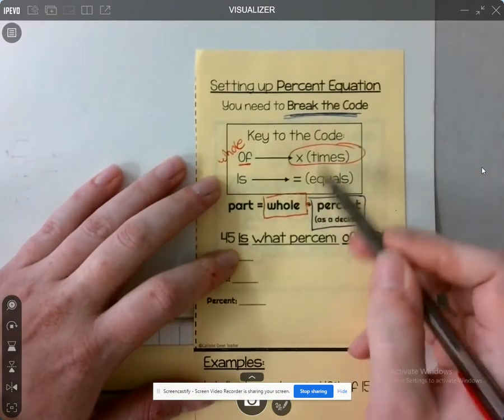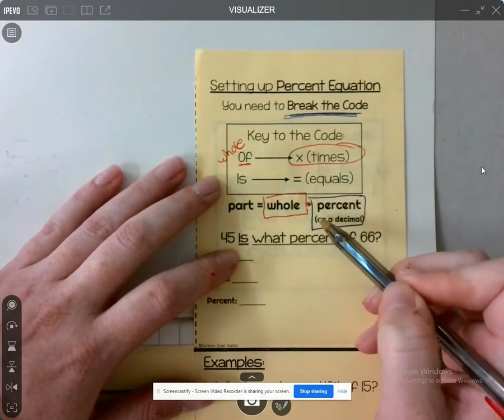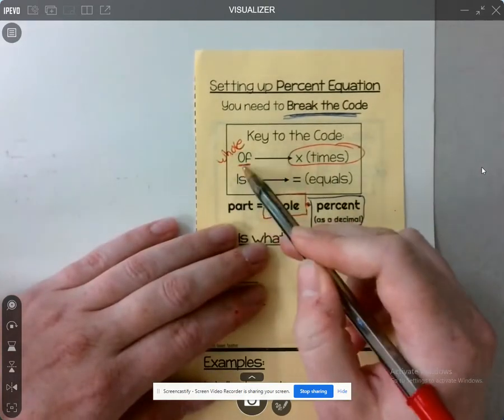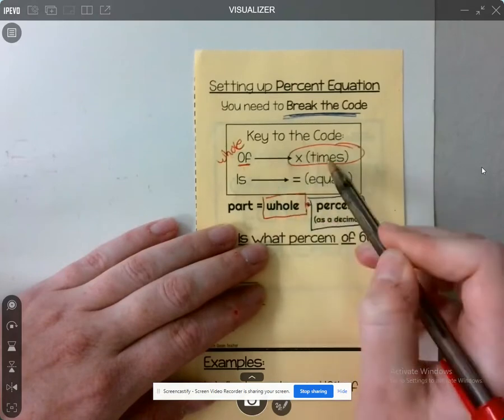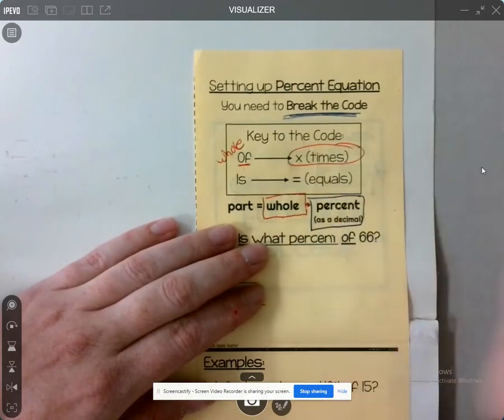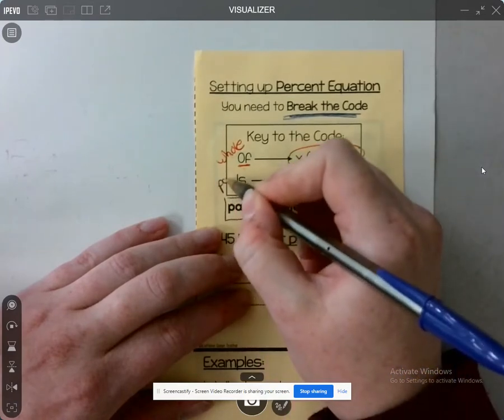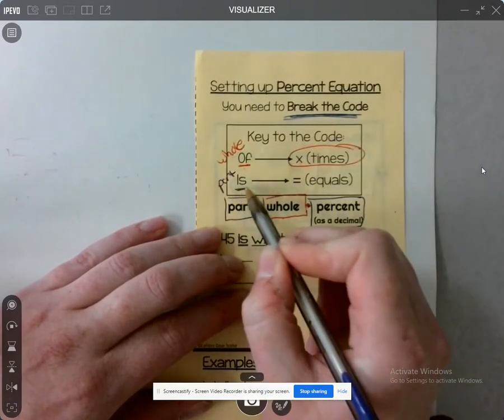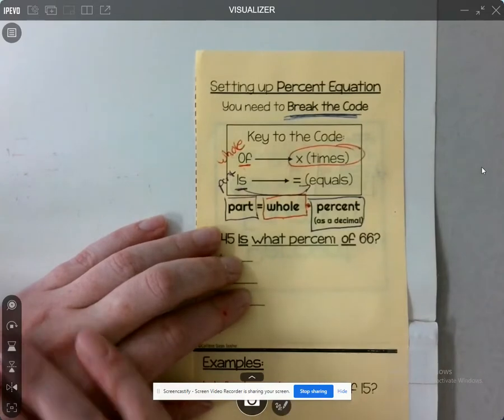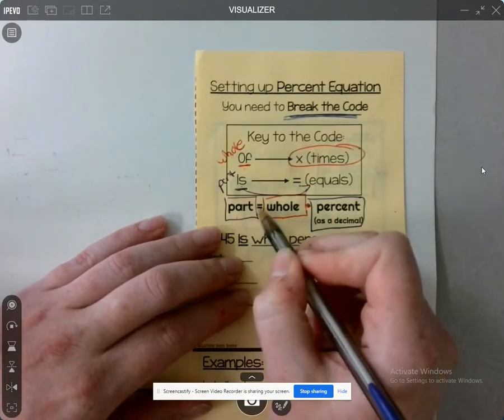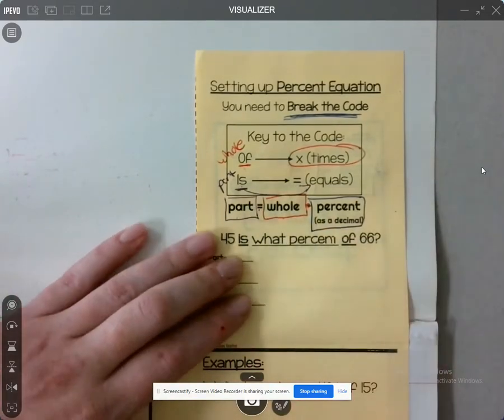So if that helps you to remember the equation, then that's awesome. So of is the whole, and of in math means times. So whole times percent. Then we have our part, which we know is our is, and is in math also means equals. So part is equals whole times percent.